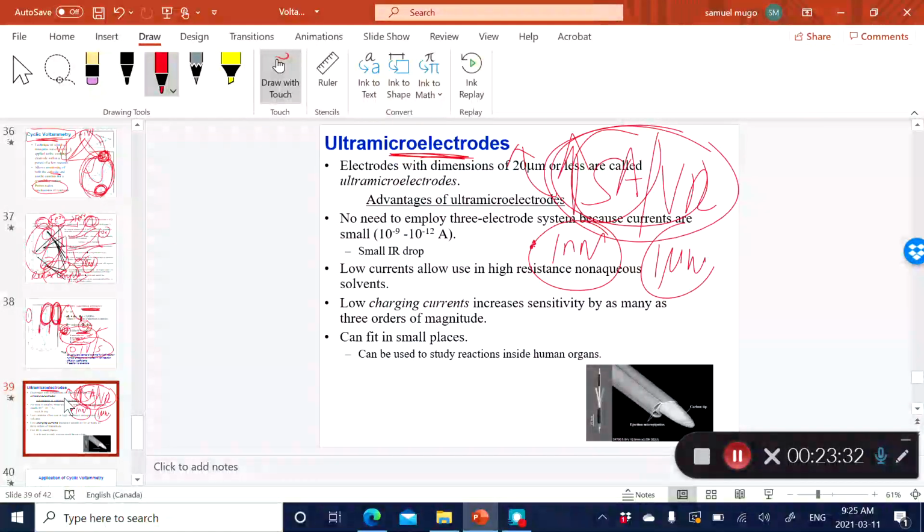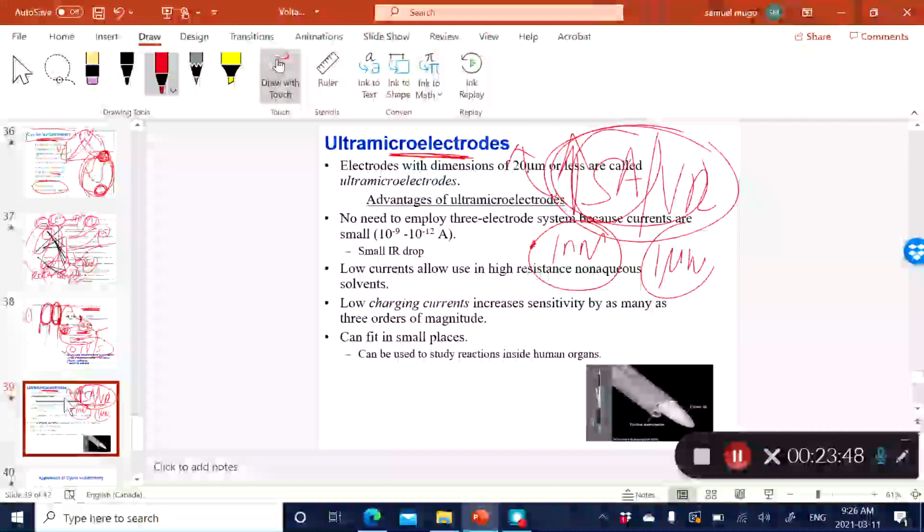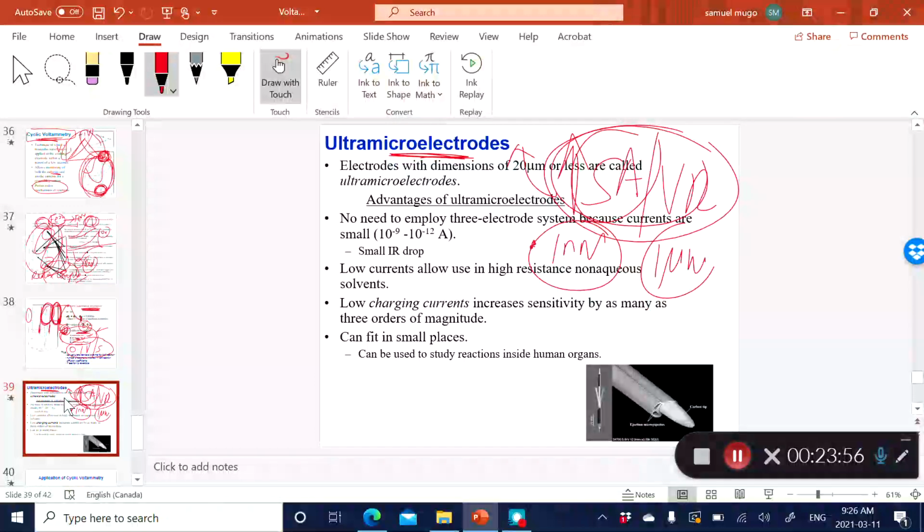That is the nature of electrochemistry: the smaller the electrode, often the higher the surface area, and as such it gives you a very good signal as well. That explains why we are doing microelectrodes, for example the microneedle type of electrochemistry that I've been trying to introduce you to for your research projects.